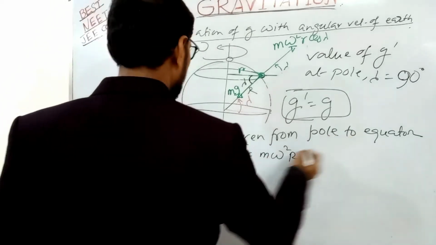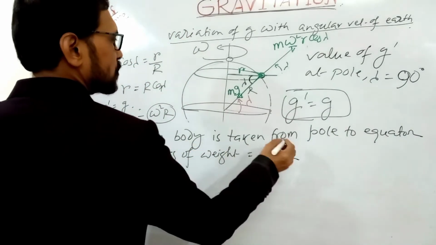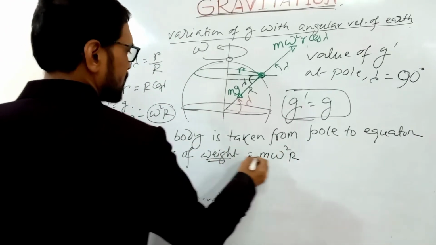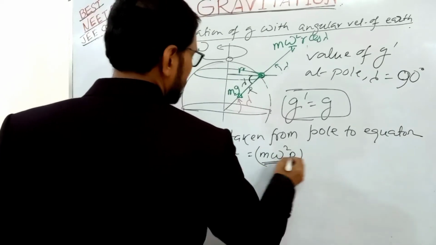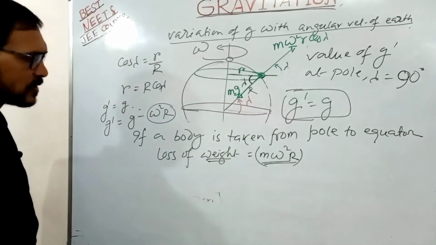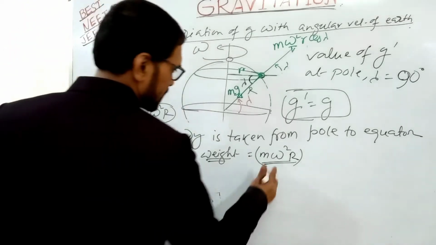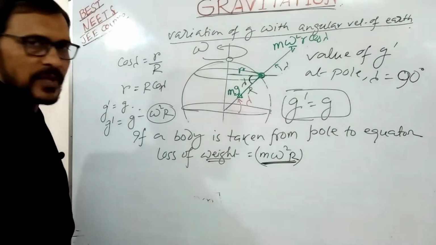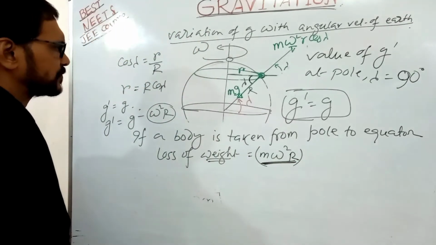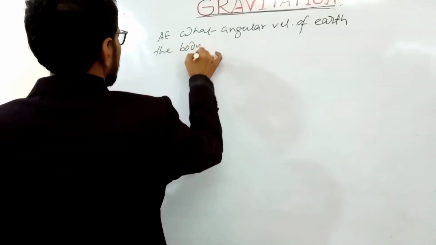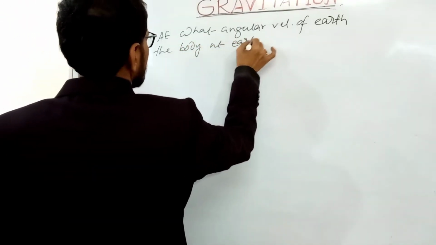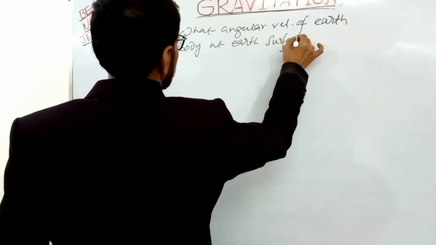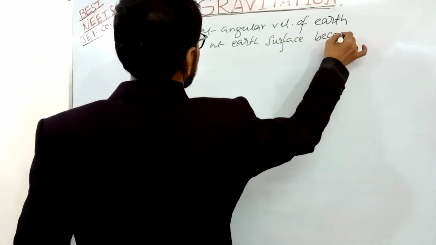So if a body is taken from pole to equator, loss of weight equal to m omega square R, which is the centrifugal force at equator. m omega square R, centrifugal force at the equator. At earth surface it becomes weightless.